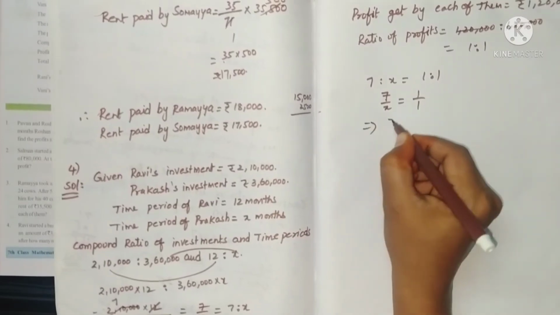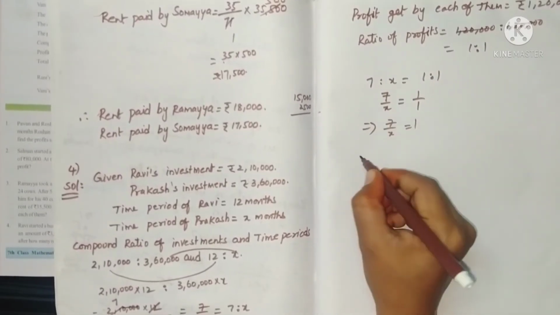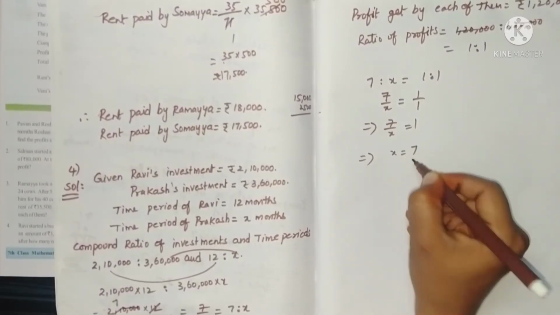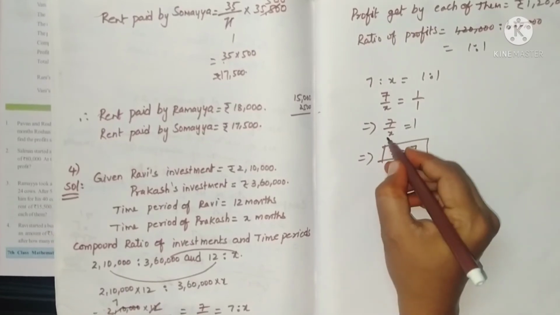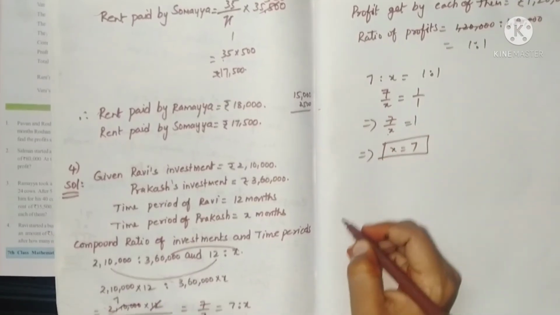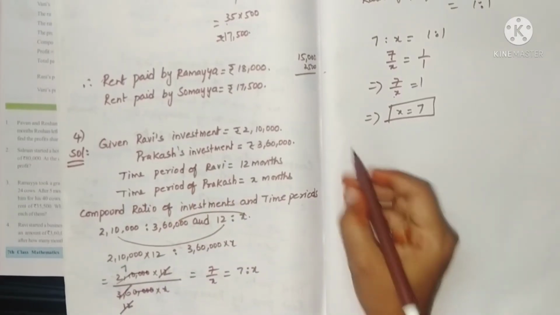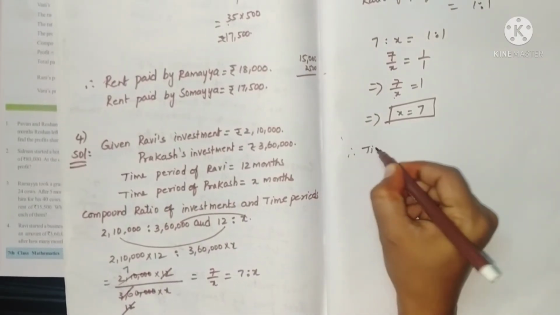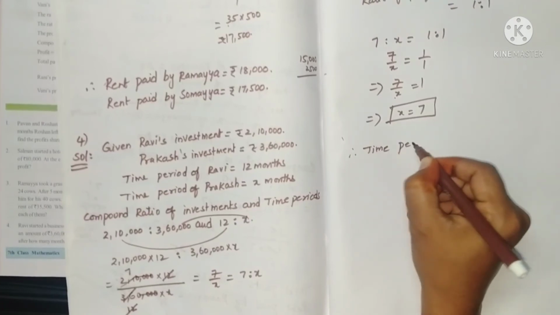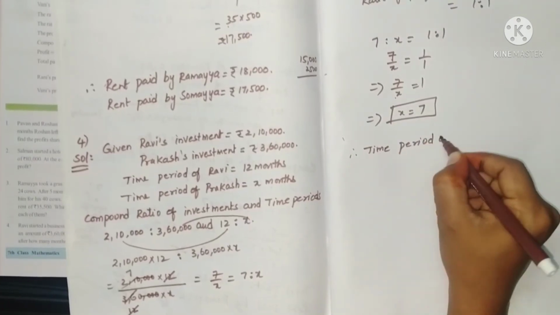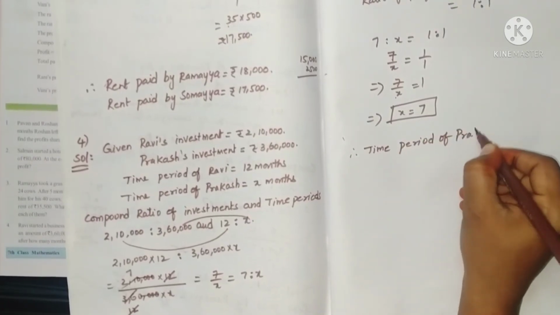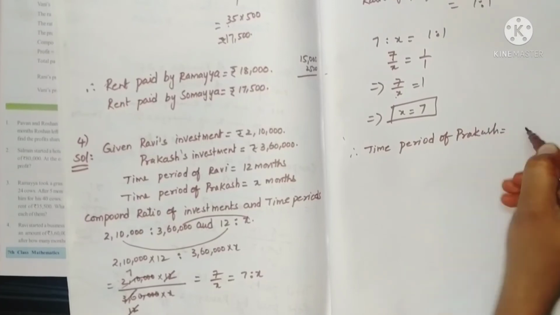So that means 7 by X is equals to 1. So that implies X is equals to 7. X place lo 7 untene kada 1 avutundi. So what is this X? Time period of Prakash. So therefore time period of Prakash in business is equals to 7 months.